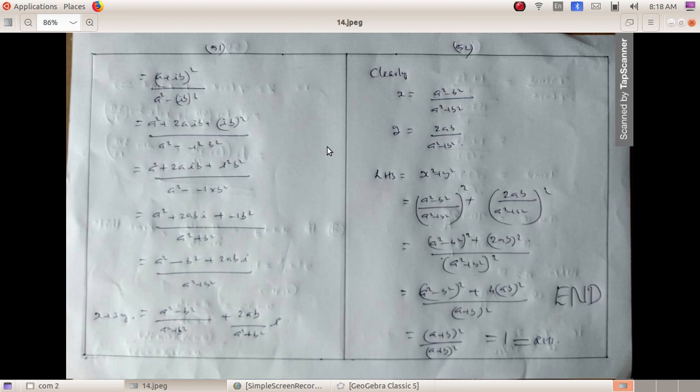This complex number set is the biggest set, and therefore it is considered the mother set. From this chapter onwards you are handling a special type of number. That number is denoted by the symbol i, where i is equal to square root of minus 1, and i square is equal to minus 1.